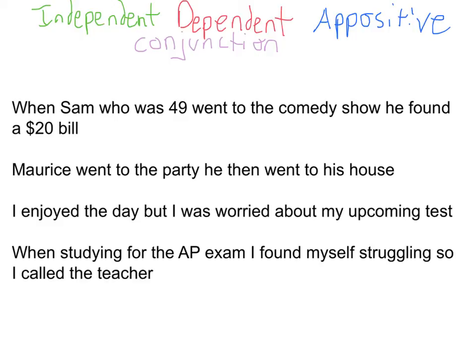Hopefully, you found the independent clause, which is he found a $20 bill. Our appositive phrase, who was 49, and when Sam went to the comedy show, is our dependent.